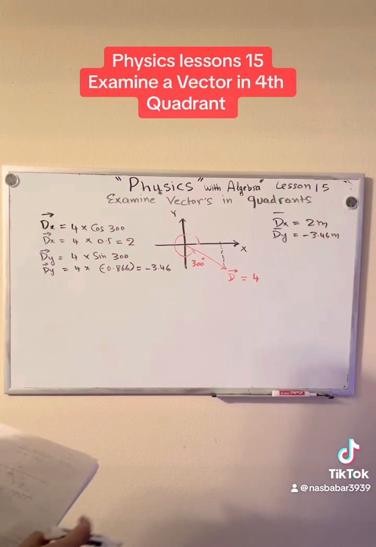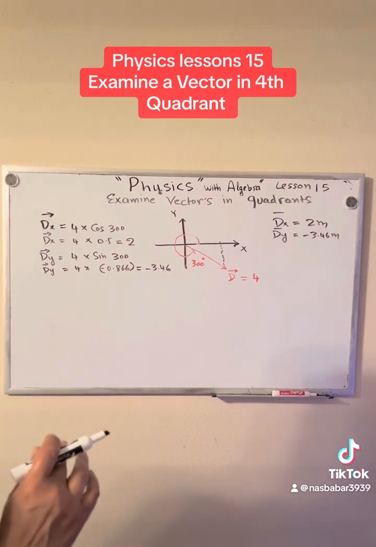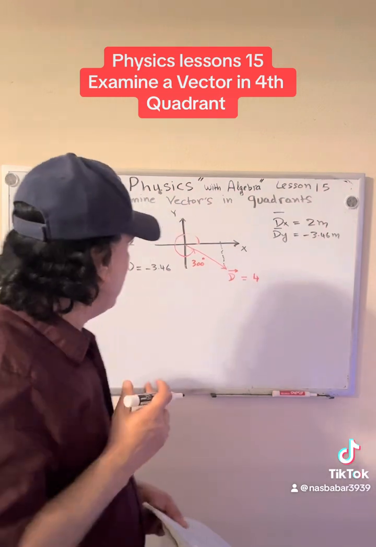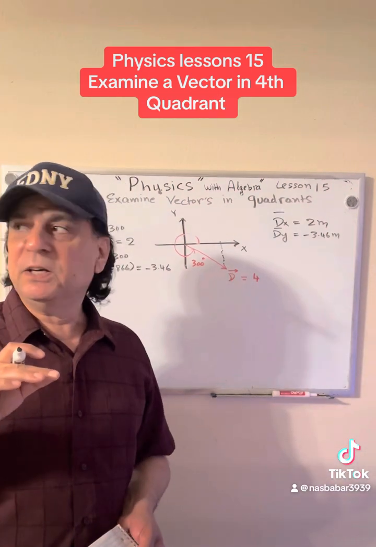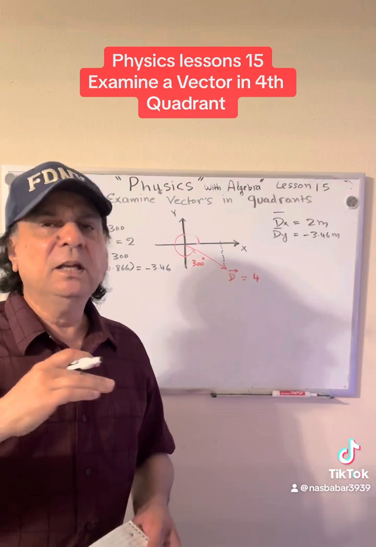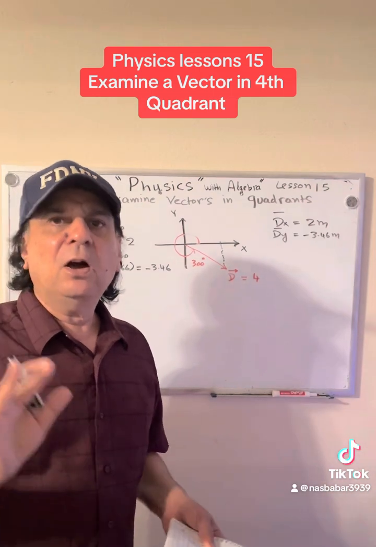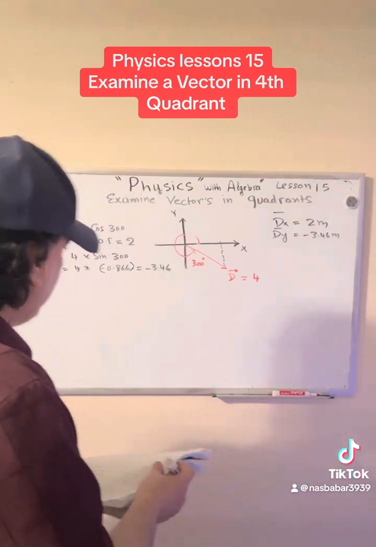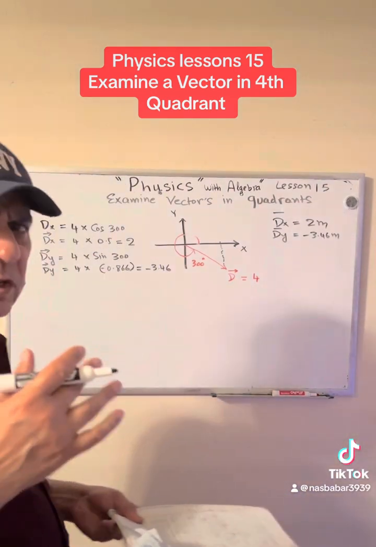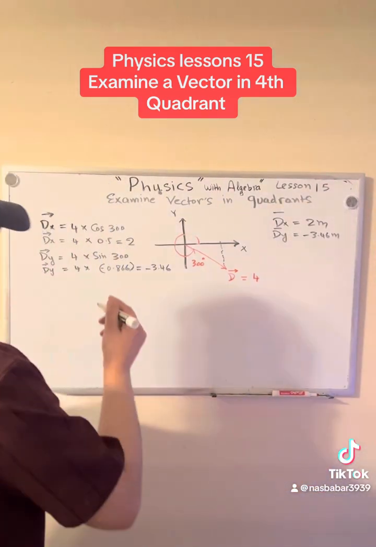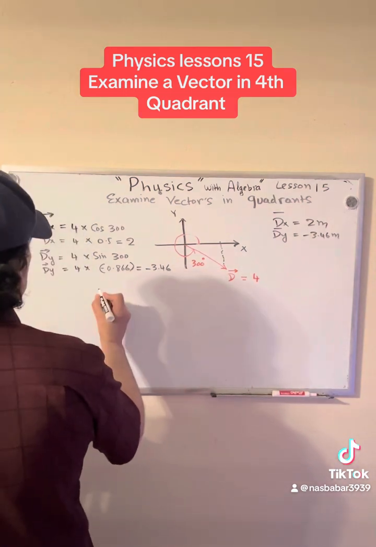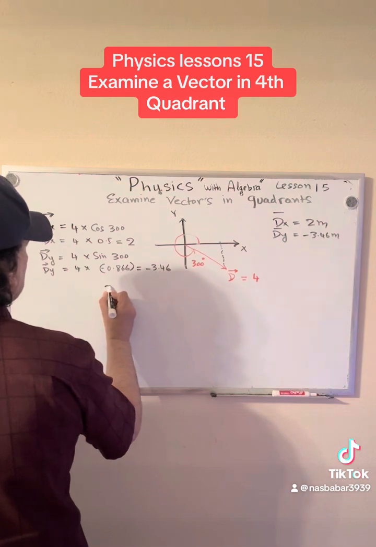All right, just wanted to give you a quick tip that I have an old calculator. When I go into my calculator and type in cosine 300, it gives me a weird number. So keep in mind, newer calculators are fine. Okay, with older calculators, you have to convert the degrees.